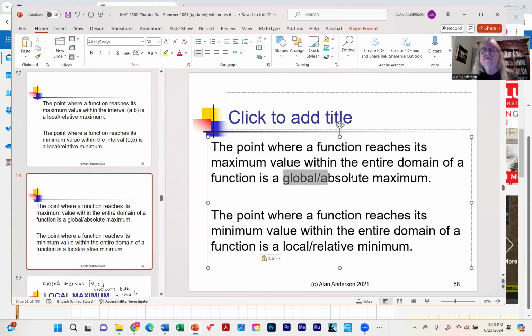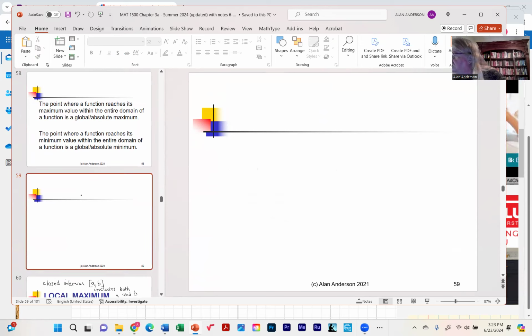And we'll get to those two. So I'll show you a couple of graphs here, just so you can see the difference. This one you've already seen.